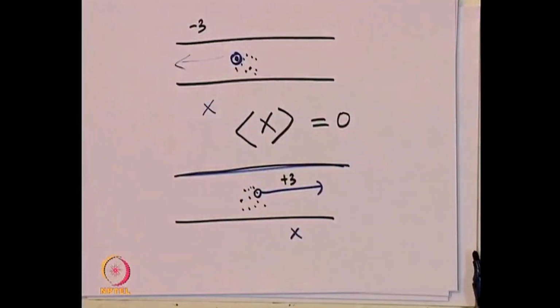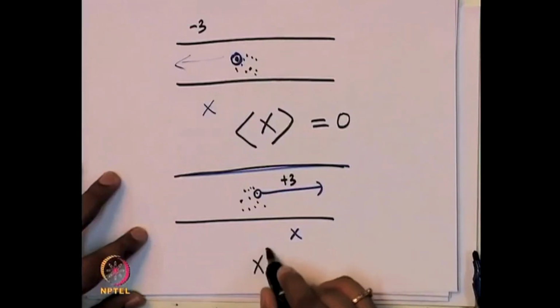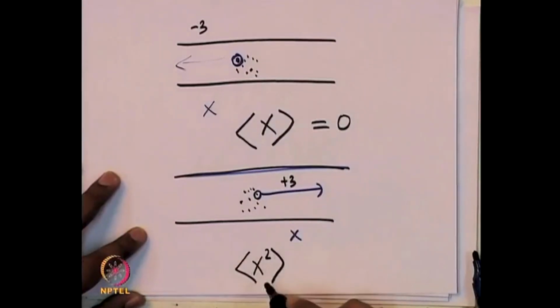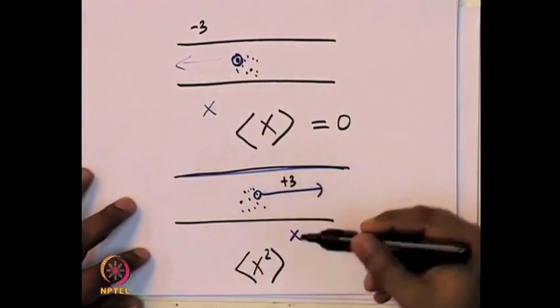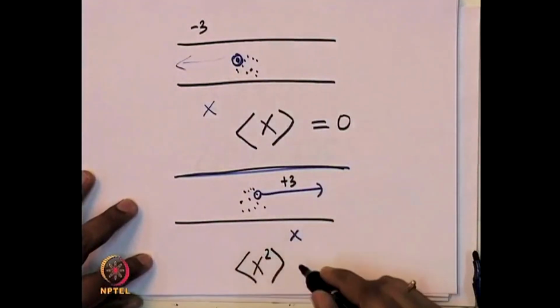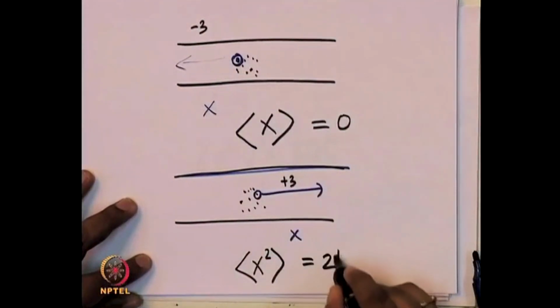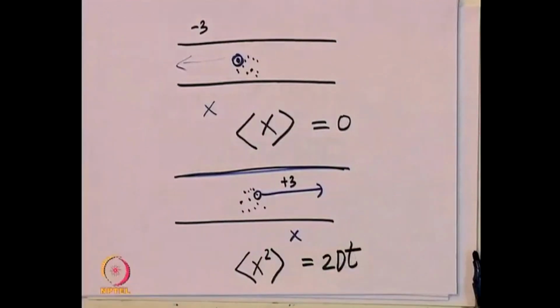On the other hand, if you calculate the square average, minus 3 squared is 9, 3 squared is also 9. So there is no way this x square can average out to 0. You will get some quantity which is 2 dt. Since x average is 0, the meaningful quantity is x square average.